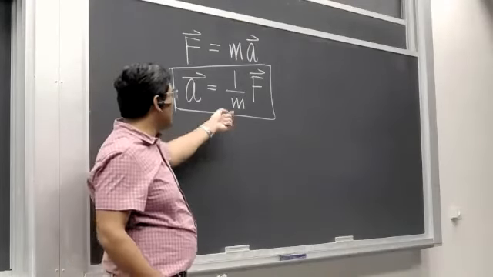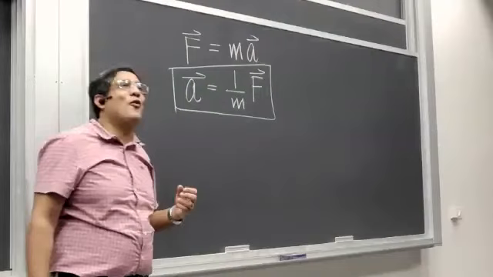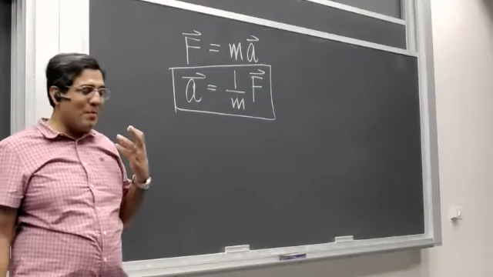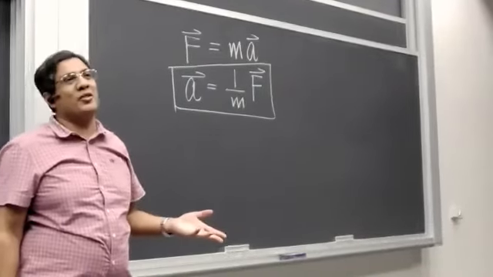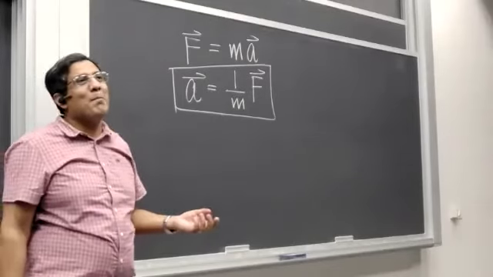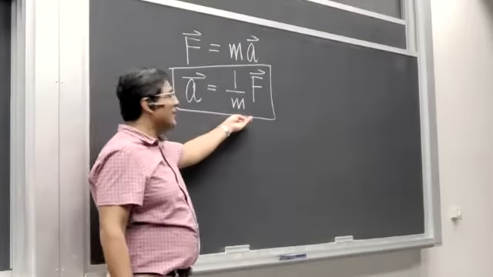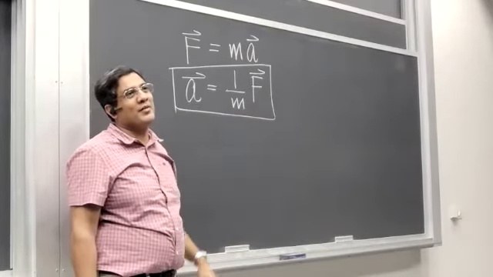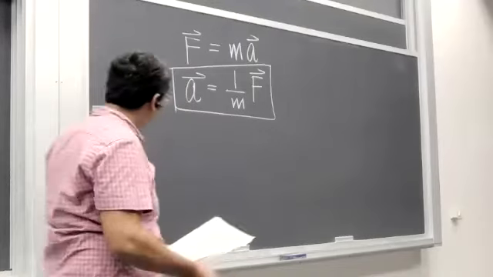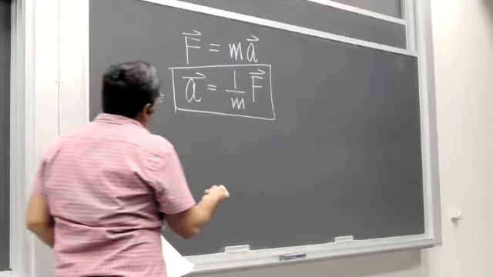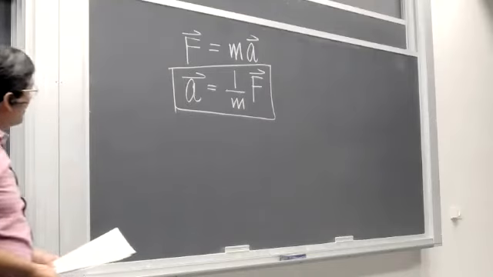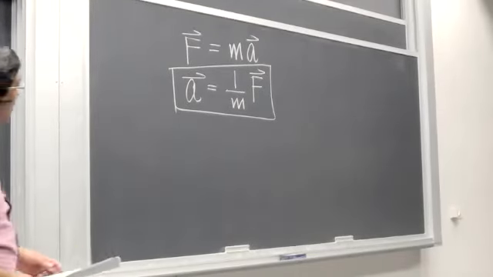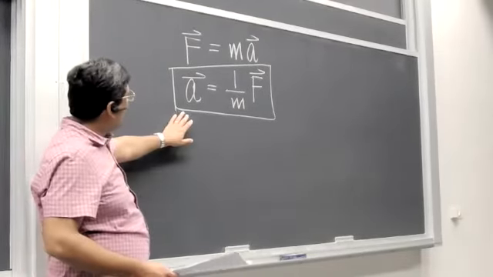So in a way, you can think of mass as a resistance to motion. Mass is a property of matter that resists change in its state of motion. We will talk more about this in the next lesson, in more detail.